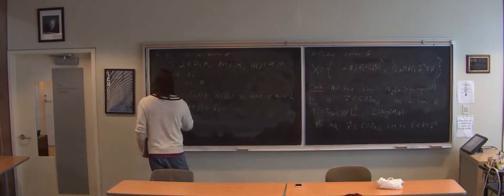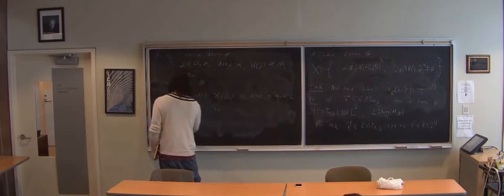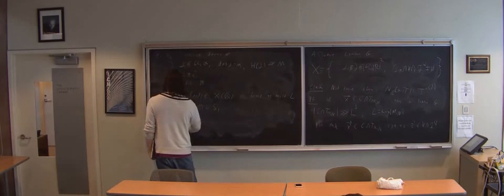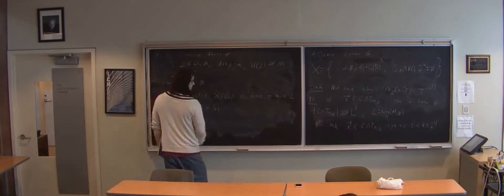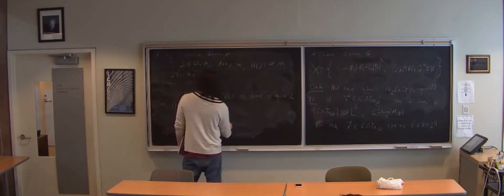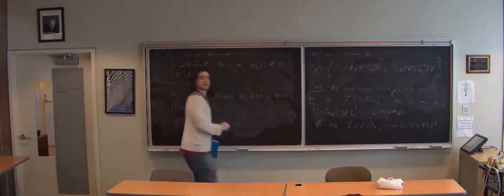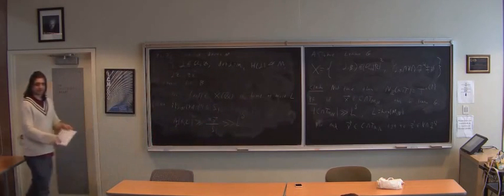And so therefore, the number of points in X of height L is at least the number of these x primes divided by delta 1. This is a fixed number. Okay?